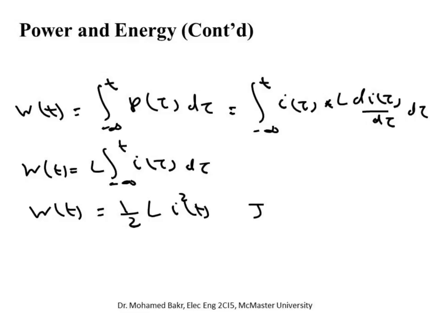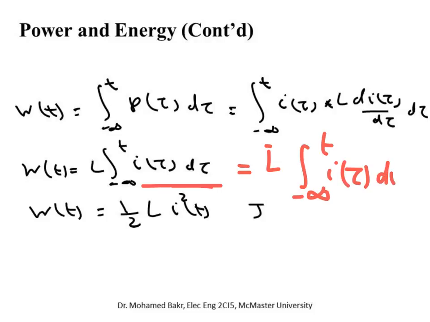So this integration here is the integral that we have. I'm going to write it here again. It's L times the integral from minus infinity to t of I of tau, di of tau. I had a mistake because I'm integrating relative to I itself.